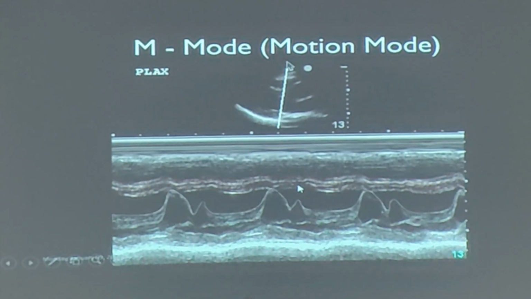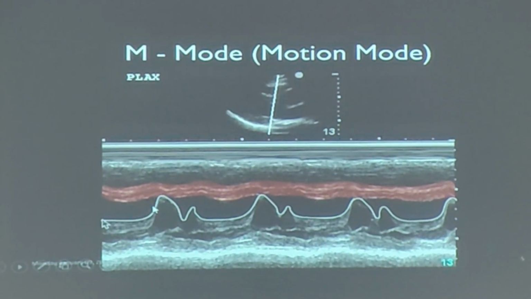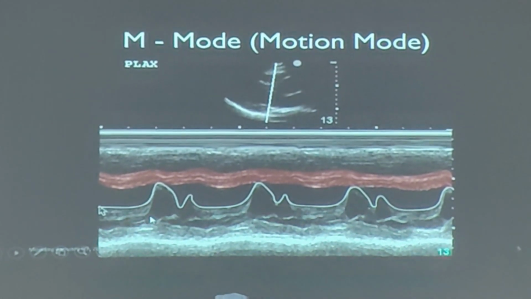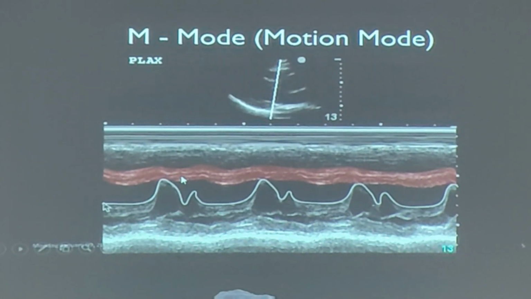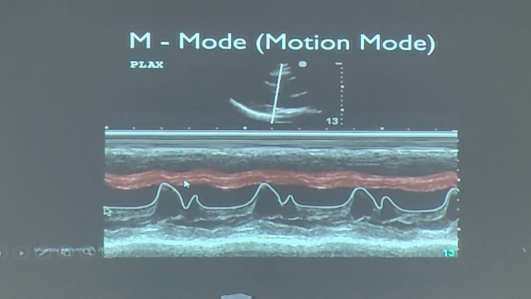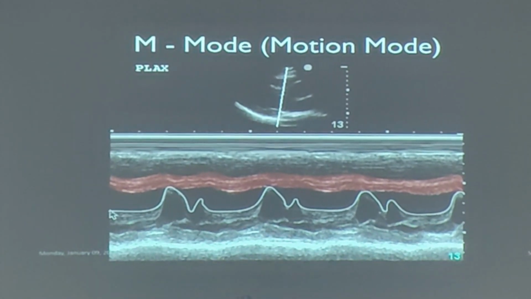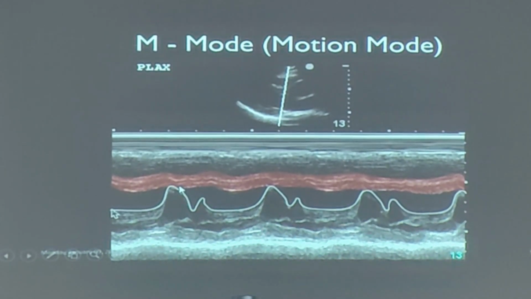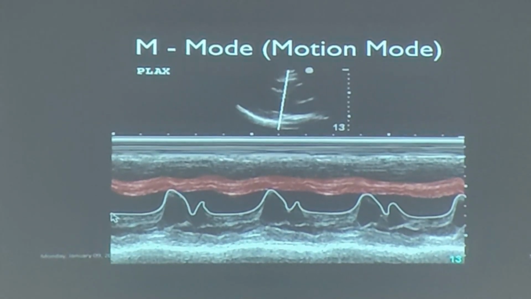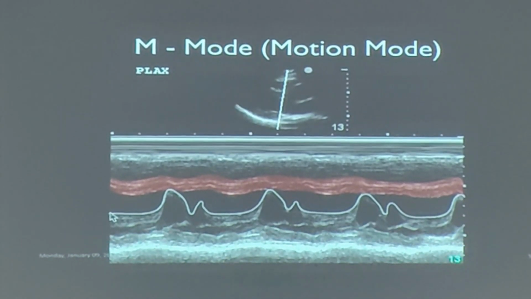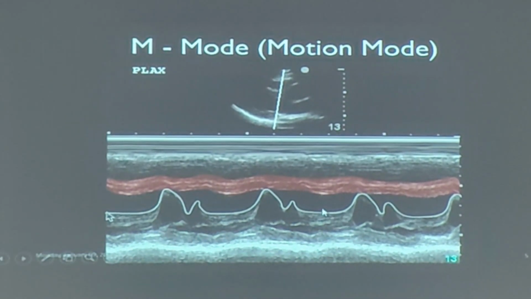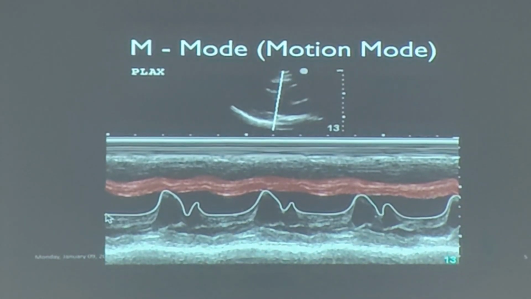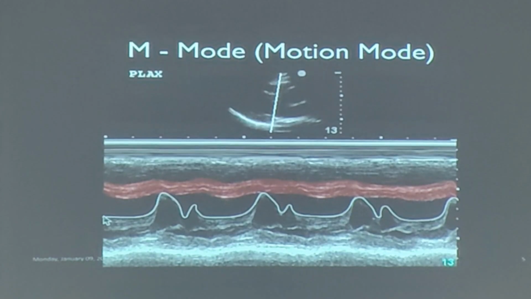So this is the septum, and this is the movement of the mitral valve toward the septum, which can be a very good and excellent mode for the sonographer, and it will let us look for any abnormal motion of the valve. And of course we can look for the SAM in this mode. We can estimate the ejection fraction in this mode. So it's very friendly and a very good mode.